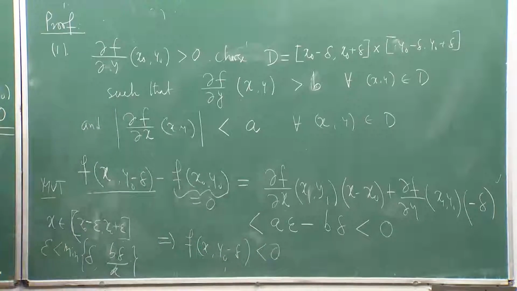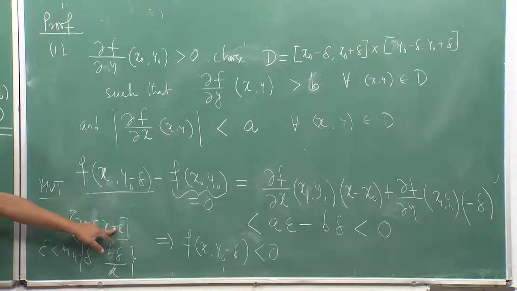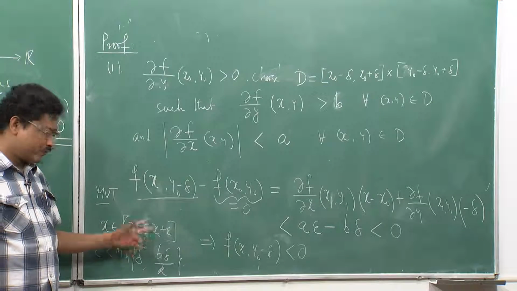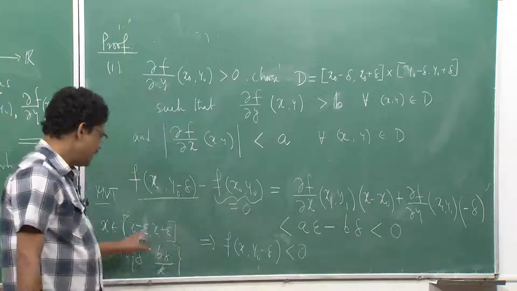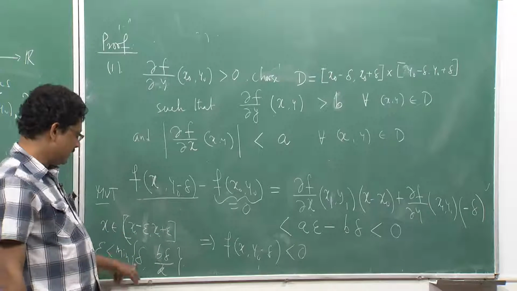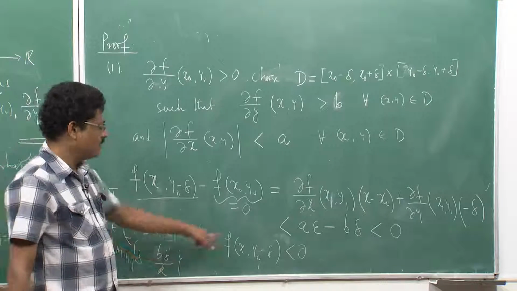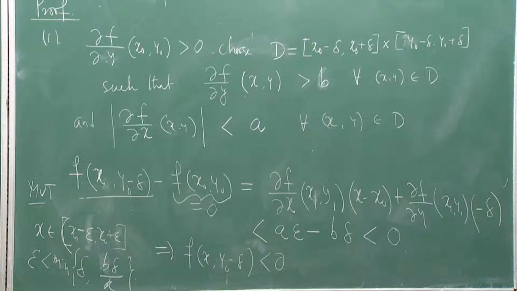So, I can apply MVT for each x in x0 − δ to x0 + δ, but I make a smaller interval such that I get f(x) for x in the smaller interval x0 ± ε, where epsilon is less than delta and less than this fellow, such that this is less than 0. Now, a similar calculation.